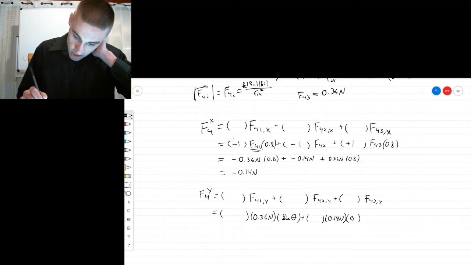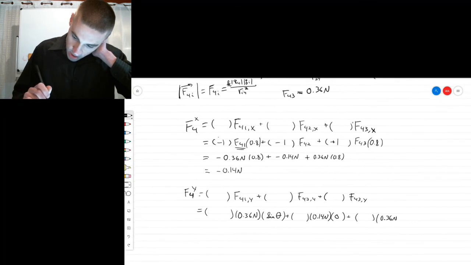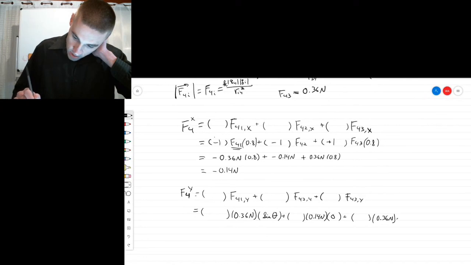So this term is going to end up going away. Plus there's this sine thing. F43 was also 0.36 newtons, and again there's a sine theta here.